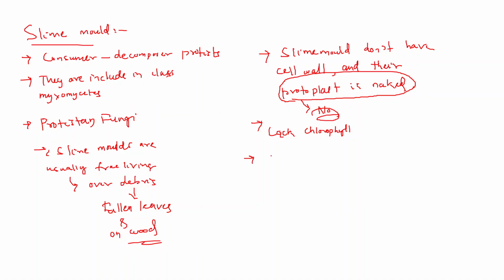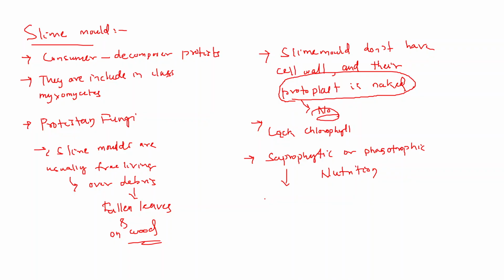They show saprophytic or phagotropic nutrition. Saprophytic means an organism gets its food from dead leaves and organic matter.